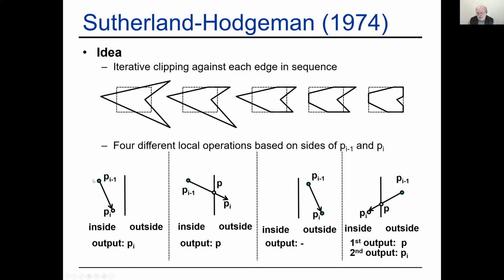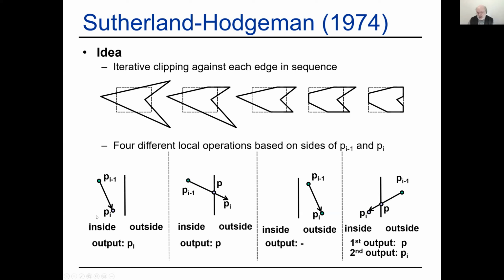And you have to deal with 4 cases, right? Essentially, whether the previous and the current point are inside or outside. There are 4 possibilities. The first case is the previous point is inside and the current point is inside.